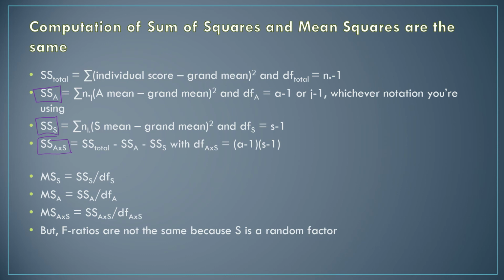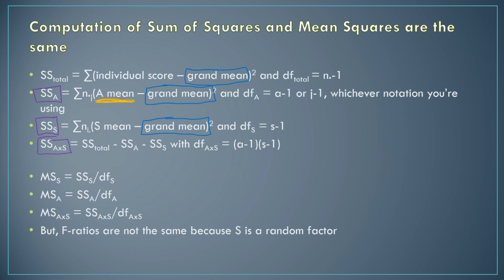The thing to make sure to pay attention to is that for all of these, we no longer have a group mean that's part of the calculation. All of these are using the grand mean to be compared. And the closest thing to a group mean would be this level mean.